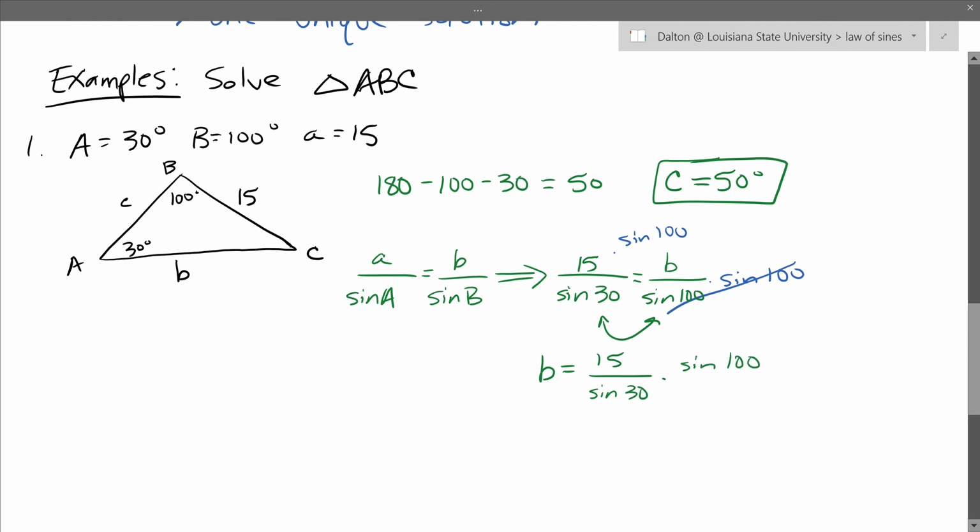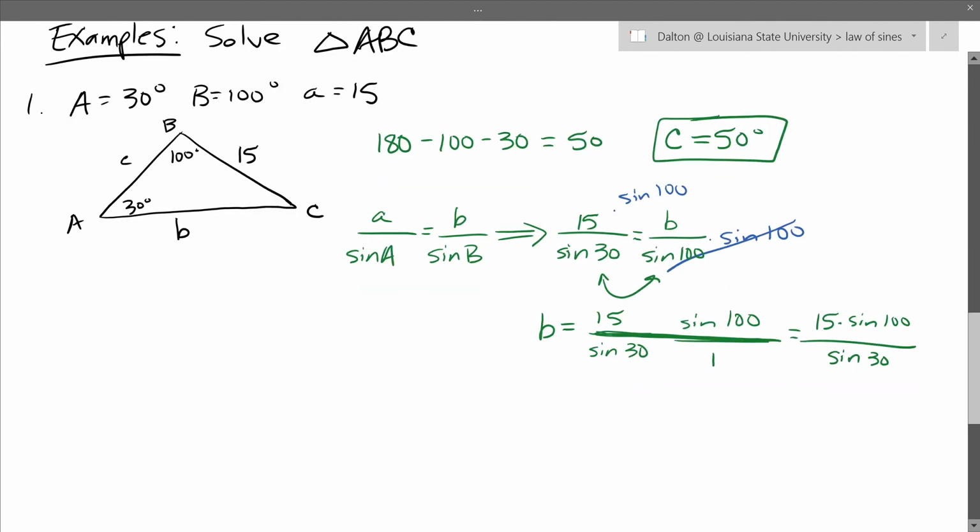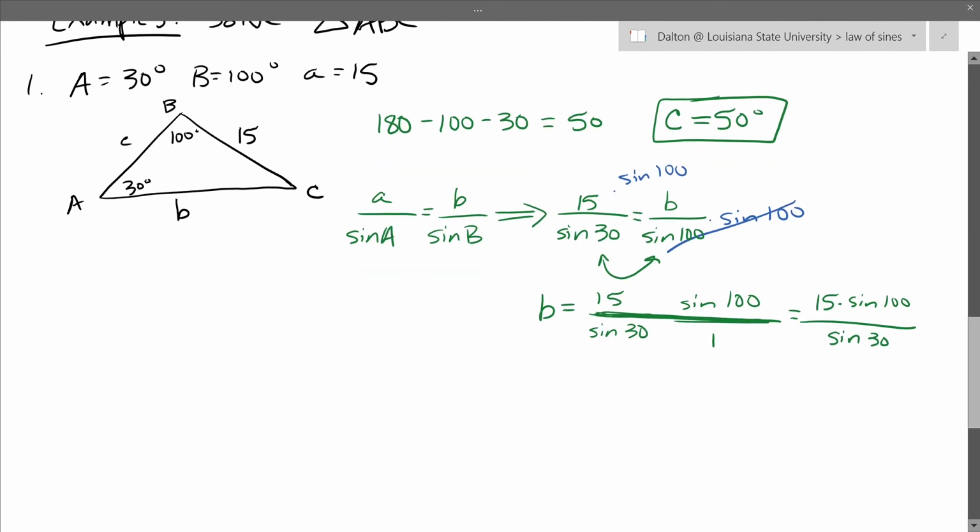Now technically the sine of 100 is over 1, so when we multiply fractions, we multiply straight across. So I could make this into one giant fraction, which would be 15 times the sine of 100, all divided by the sine of 30. Ensure that your calculator is in degree mode, and then when you type that in, you should end up with b. Let's round to the nearest tenth for this video. We'll say that b is approximately 29.5.